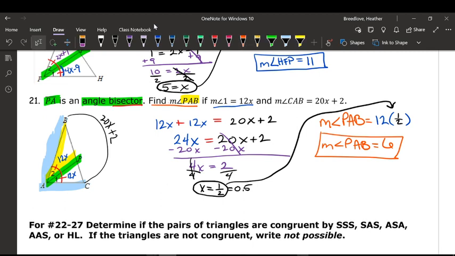All right. The next section is going back to Unit 4. We're going to determine if the pairs of triangles are congruent by side, side, side, side, angle, side, angle, side, angle, angle, angle, side, or HL. If the triangles are not congruent, write not possible.